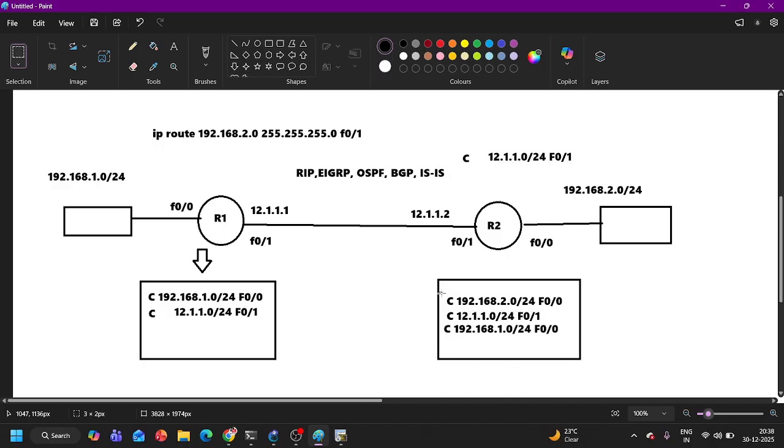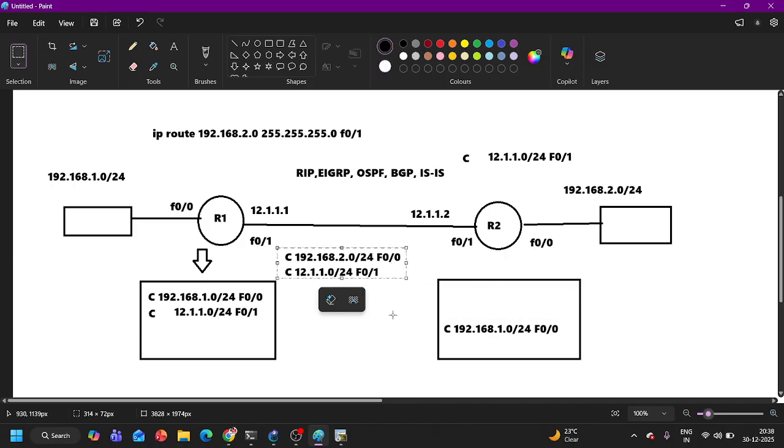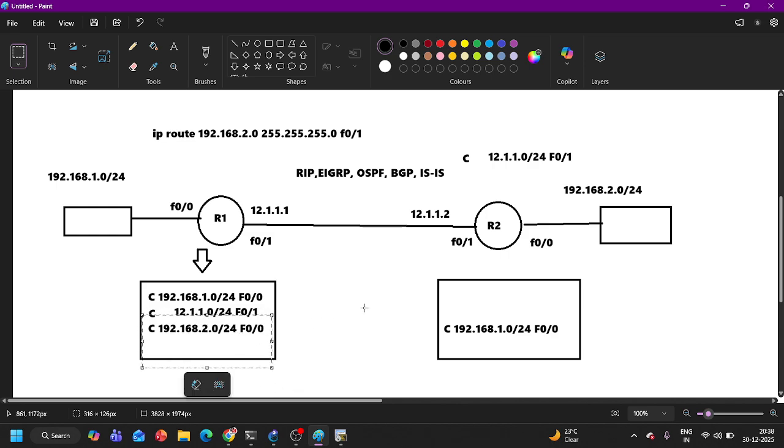Similarly, router 2 is also going to share its routing table to R1. R1 will not learn the 12 network because R1 already has the best entry for the 12 network, and this other one is not available, so it will learn. And instead of C, it is going to denote with its protocol.